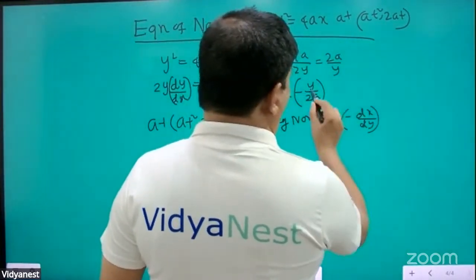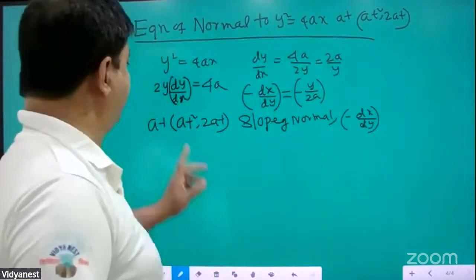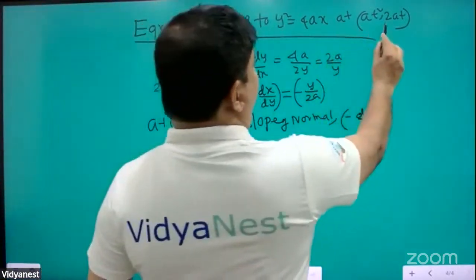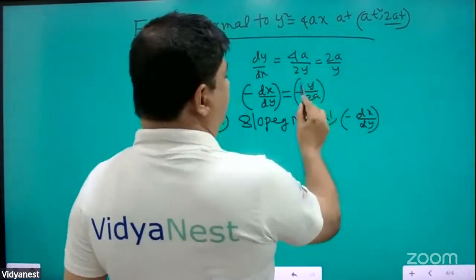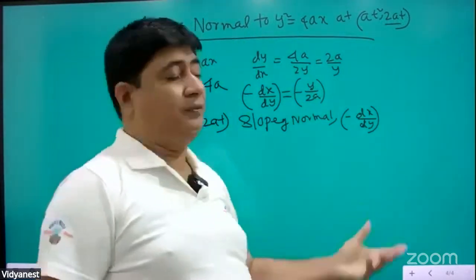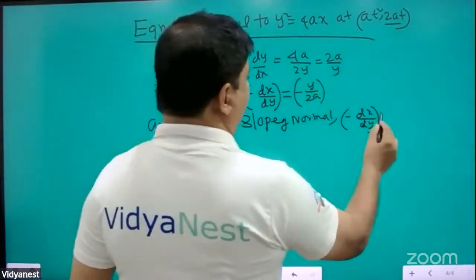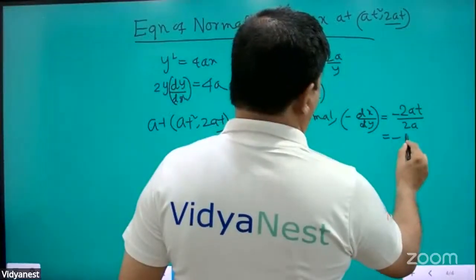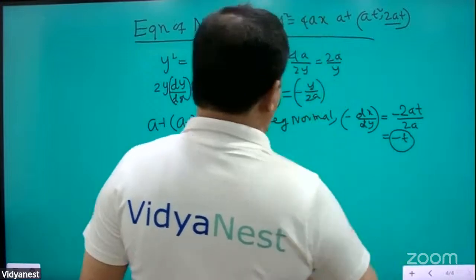What should I place in place of y? Look, 2at, that is y. We have nothing to put in place of x. There is no space for x given. So in place of y, 2at by 2a, that is minus t.